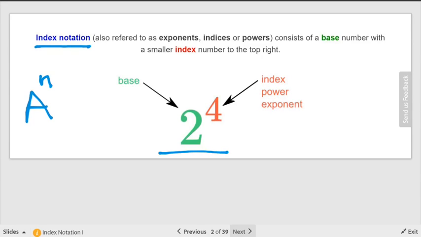Now, here they did it with number examples, but I'm going to do it with letters. This is something called general notation. In other words, a stands for any number, okay? And n stands for number. So I'm just using letters as placeholders so that I can write the definitions for you, where a is something called the base.